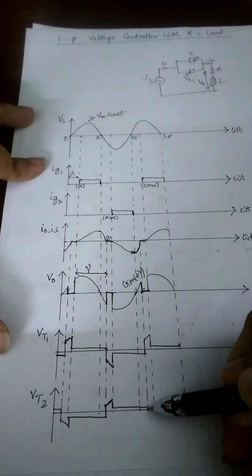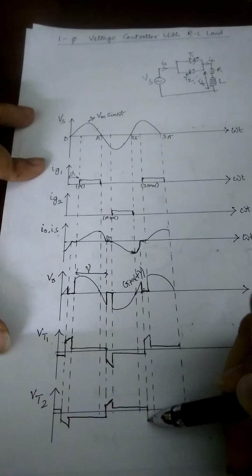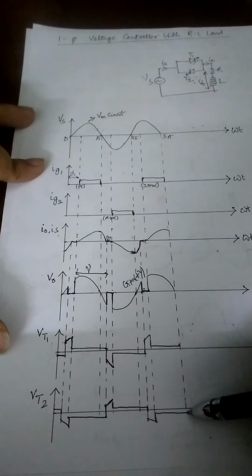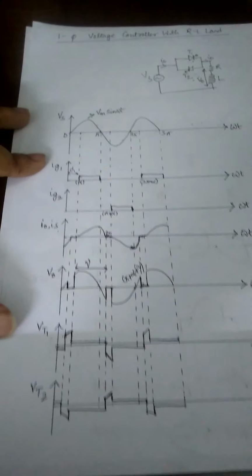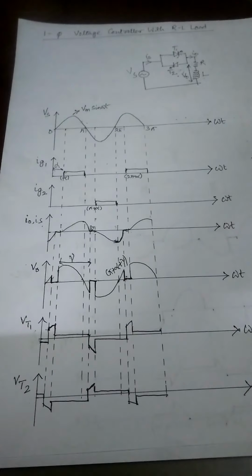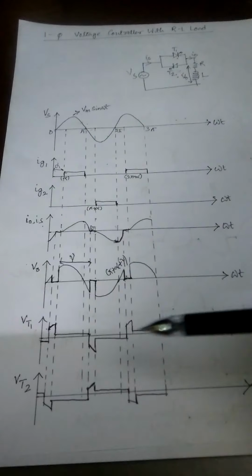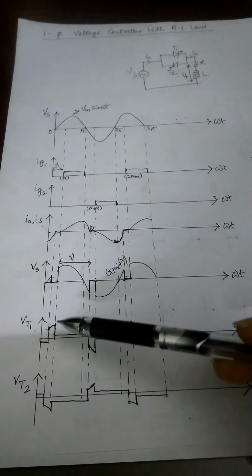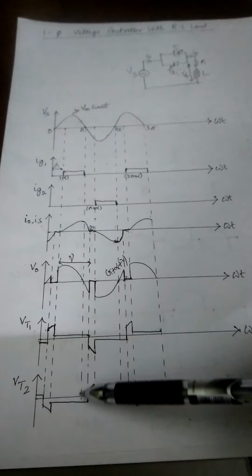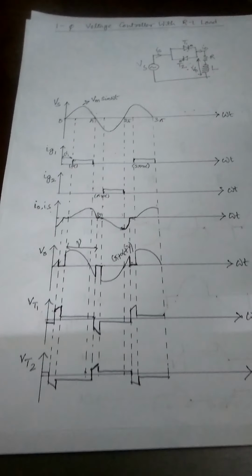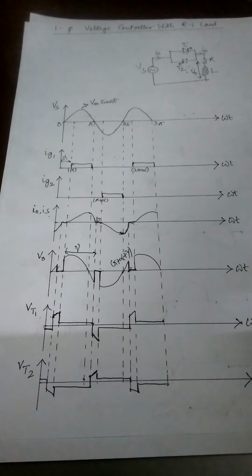See, so this is the nature. Now from these observations we can say that each of the thyristors T1 and T2 will be in reverse biased condition for each cycle up to pi radian.